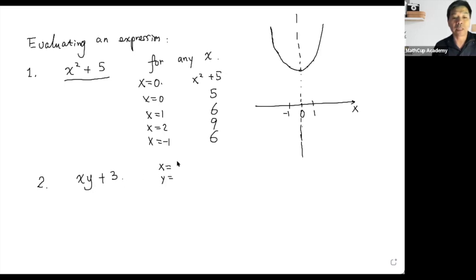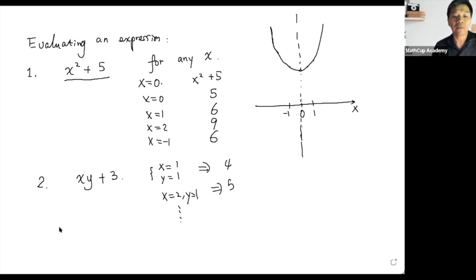For example, let x equal 1 and y equal 1. Then you plug in and this expression equals 4. When x equals 2 and y equals 1, this will equal 5, and so on and so forth. So given an expression, if you have values for each of the variables, we can evaluate it.